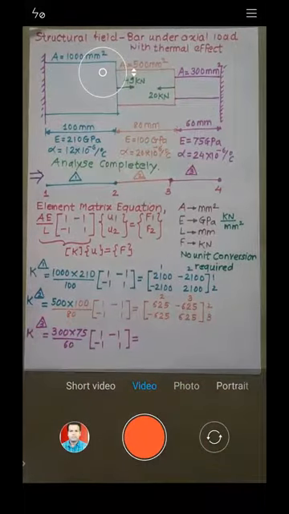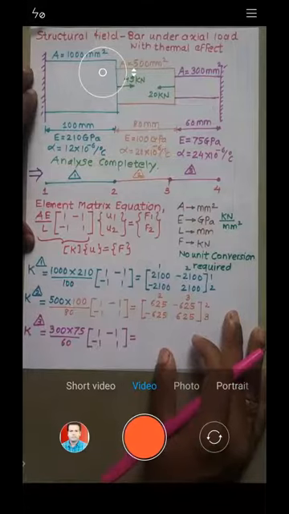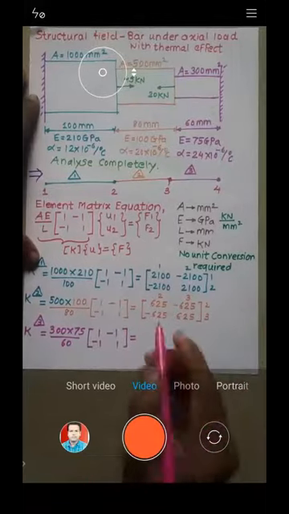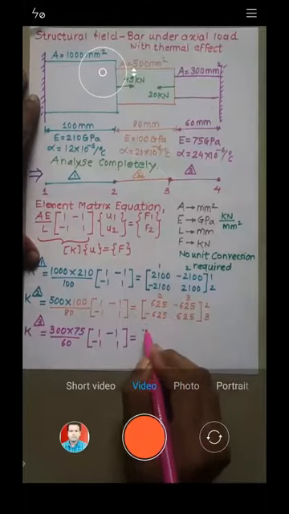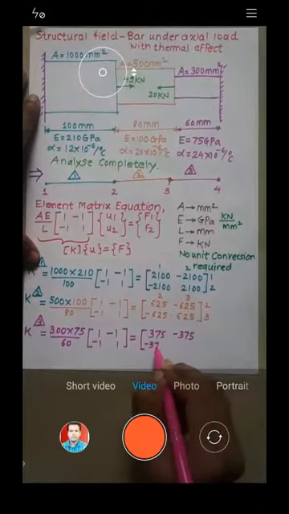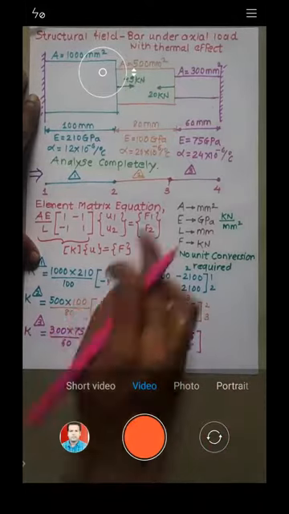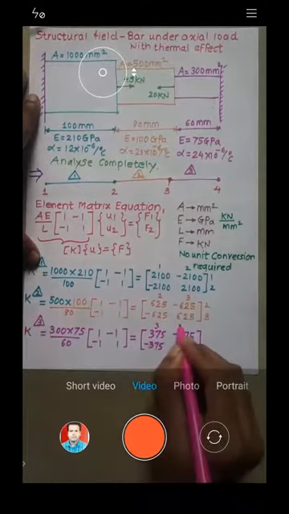What answer are you getting? 375. So this is 375, minus 375, minus 375, and 375. Element number 3 is between 3 and 4, so you write down 3, 4, 3, 4.